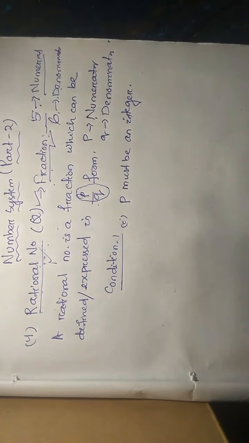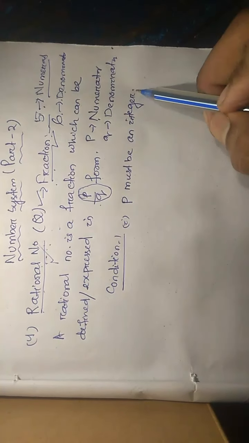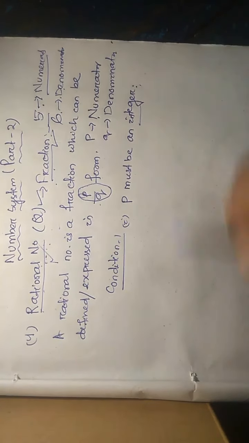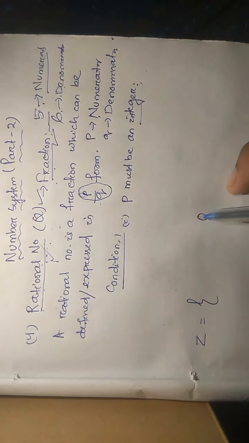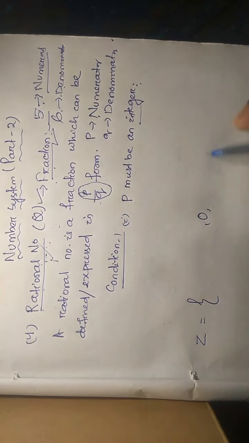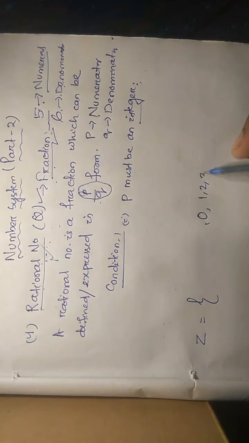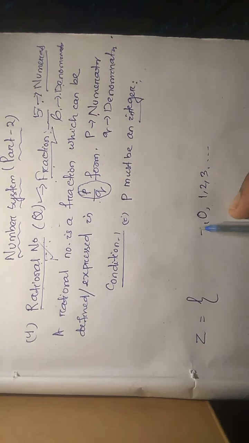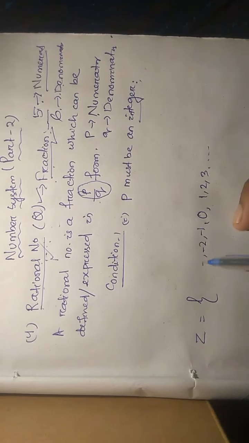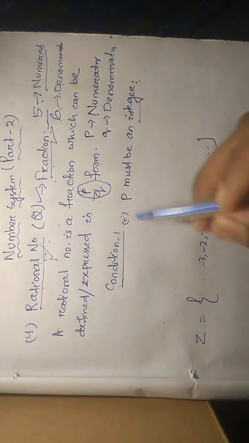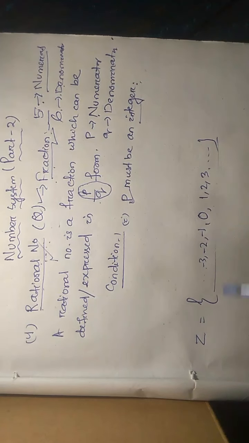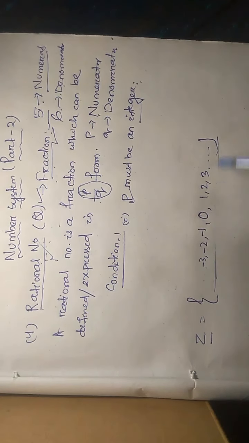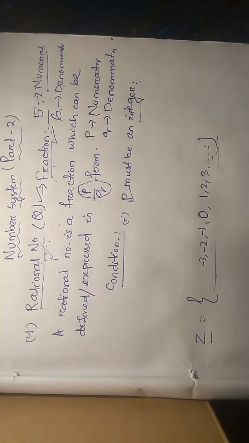Keep in mind, P must be an integer. As we know, Z is the set of integers. The middle is 0 and towards its right it contains the positive numbers, and towards its left it contains the negative numbers. So P, that is the numerator, can be any number we can take from this set. So it must be an integer.